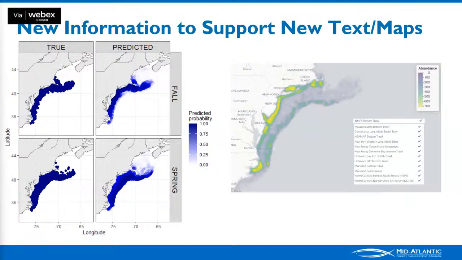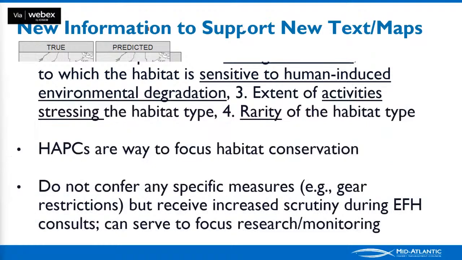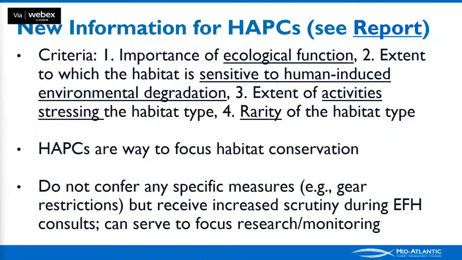And you can designate these based on ecological function, sensitivity to human-induced environmental degradation, activities that may be stressing that habitat type, or how rare that habitat type is. But our NOAA consultation partners have really indicated this is a great tool for focusing habitat conservation.